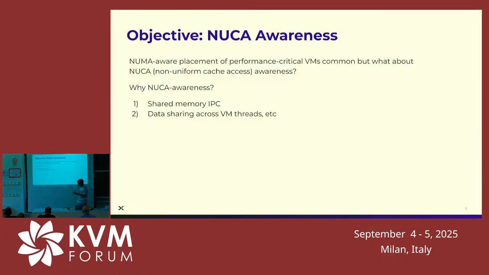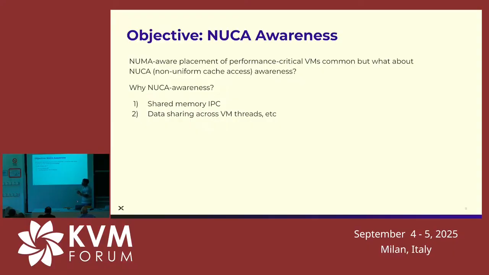So what does this all motivate, basically? It's very obvious that leveraging locality should be a priority for every application. But here in our case, we're thinking about VMs, and there are some obvious hints that we can get from VMs.